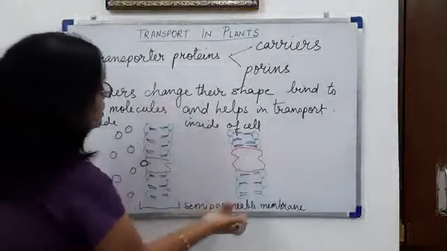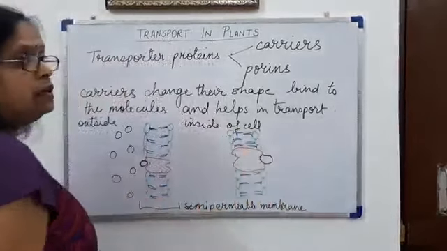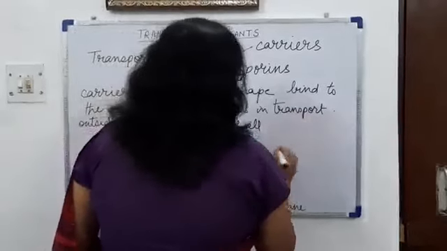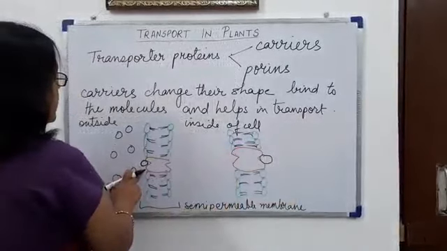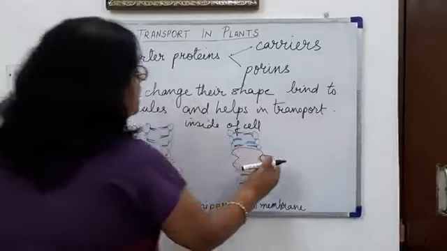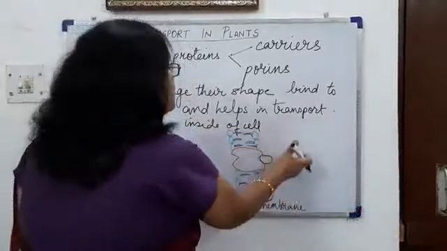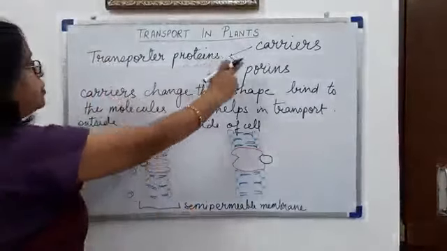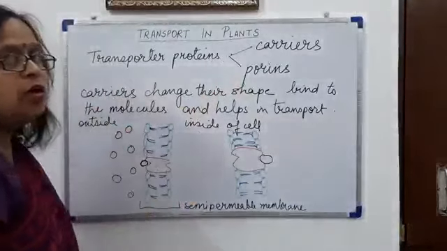This will turn like this and the molecule will enter into the cell. The molecule which got attached outside turns inside when the protein changes shape. This is how the carrier proteins help in transportation of the molecule.